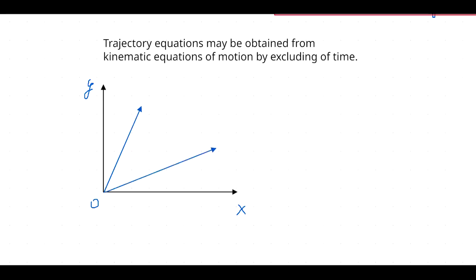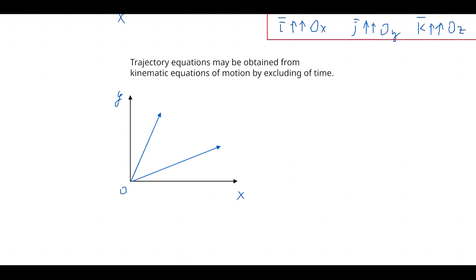So at initial moment, we have radius vector R1, and at the final moment, we have R2.